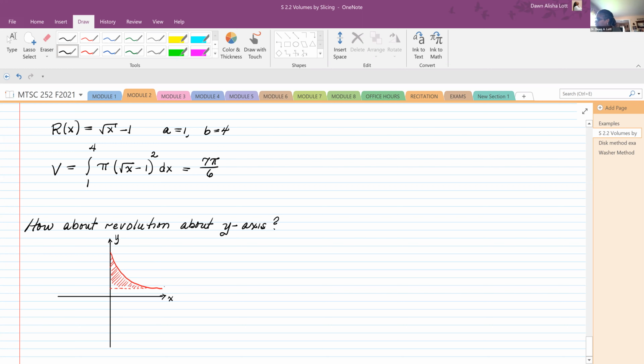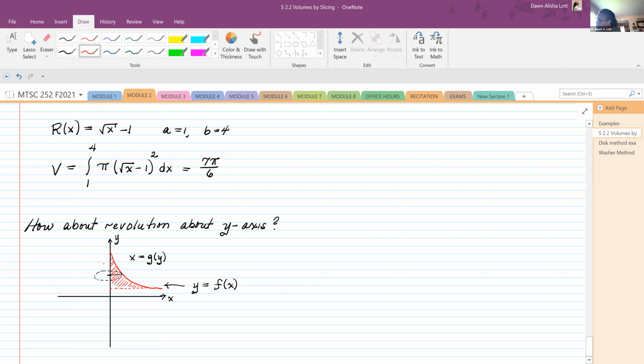Now, normally we think of this curve as y is equal to a function of x. But to revolve it about the y-axis, I have to write it as x is equal to a function of y. Then I'm going to find a y value, find out what the radius is here, do the same thing as before, and draw a circle because I'm revolving it about the y-axis.